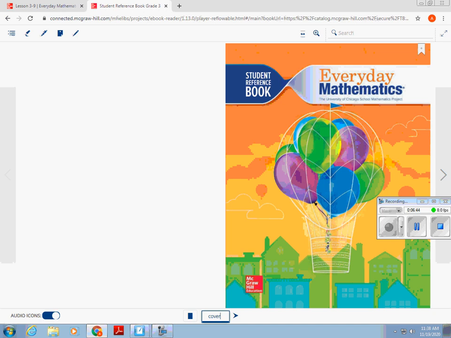And let me just double check what page that was. Let's just check it here on what page.